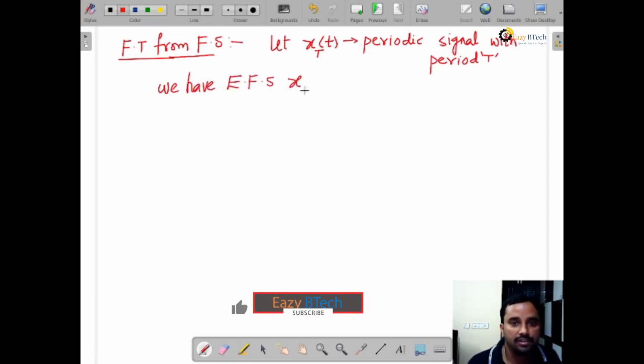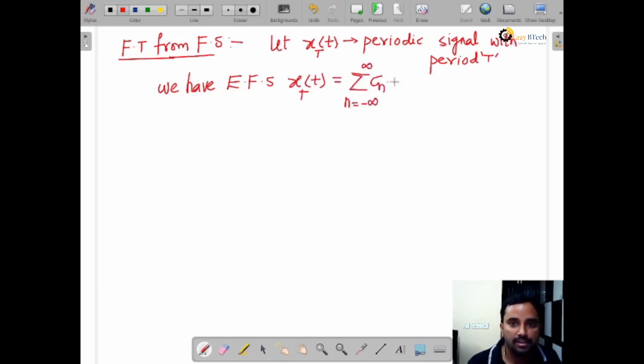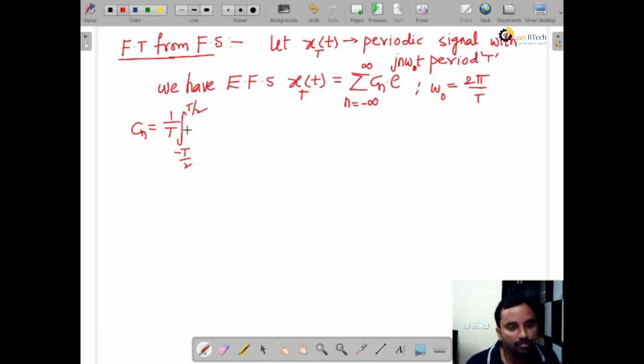What is the exponential Fourier series? Already we know, the periodic signal x of t can be written as summation n from minus infinity to plus infinity of Cn e to the power jn omega naught t, where omega naught is 2 pi by T. Here Cn, the Fourier series coefficients, is 1 by T integral from minus T by 2 to plus T by 2, or we can take 0 to T, over one time period, of x of t into e to the power minus jn omega naught t dt.